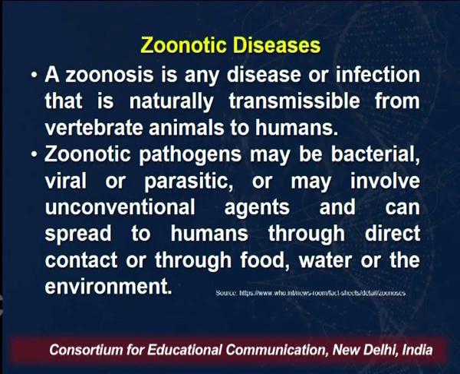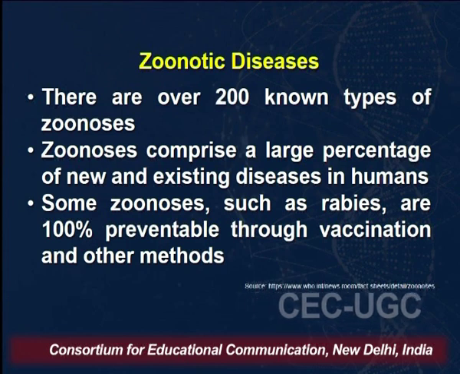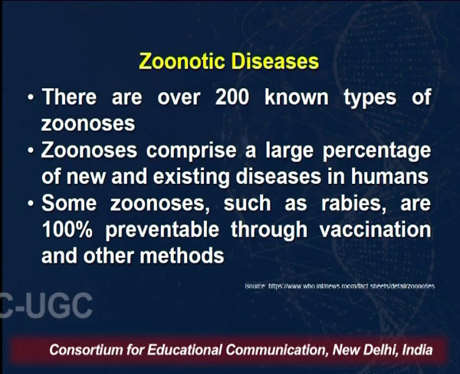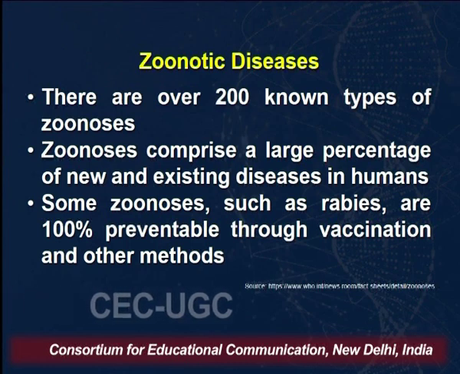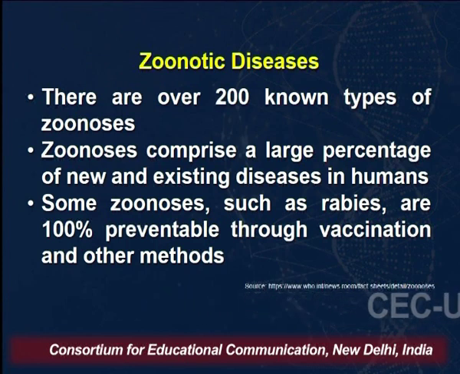Zoonotic diseases have been found in a number of countries. There are about 200 known types of zoonoses, comprising a large number of new and existing diseases in humans, and many of them are like malaria, dengue, chikungunya, Zika virus, Ebola. These are all coming from the animal host systems and are transmitted into humans.